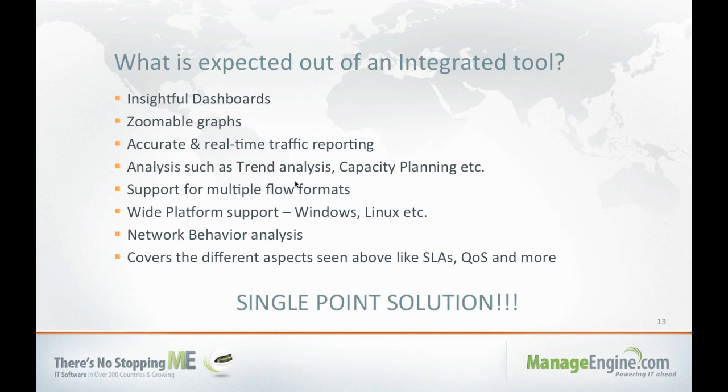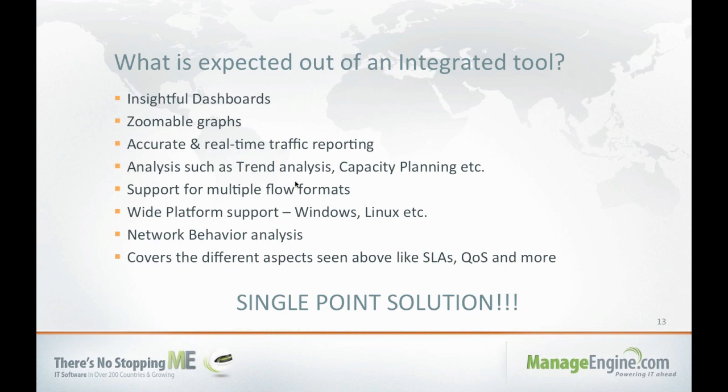But if the tool is very restricting and supports only one flow format, then there is a huge problem, because for every flow format, you'll end up buying a different tool, and obviously that defeats the whole purpose of an integrated solution. It's no longer integrated, it is diversified. So if the given tool supports multiple flow formats, at least the major ones, then yes, you could check that box and go ahead with your evaluation.